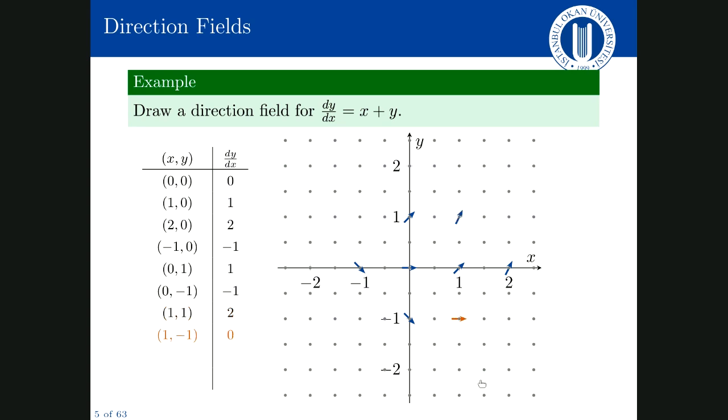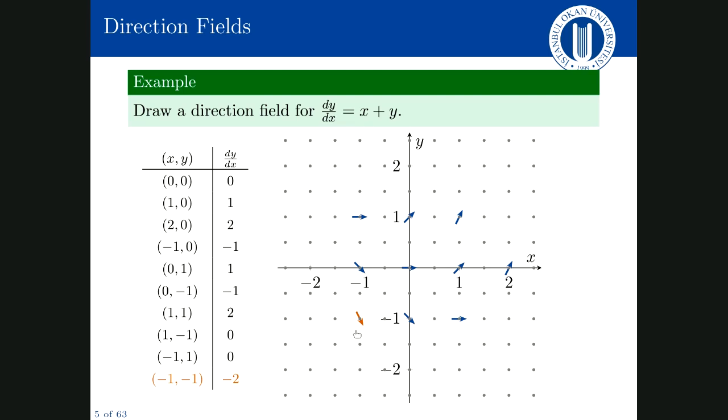At 1, minus 1, the slope is equal to 0, because 1 plus minus 1 is equal to 0. Just here at minus 1, 1, again the slope is equal to 0. And minus 1, minus 1, the slope is equal to minus 2.